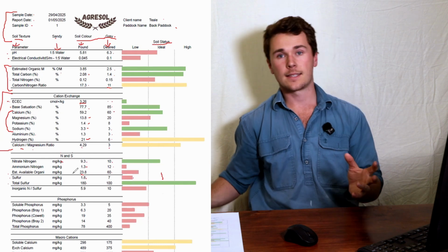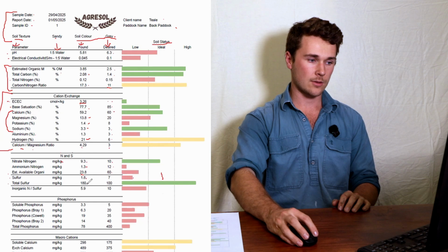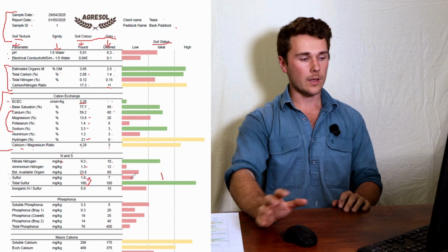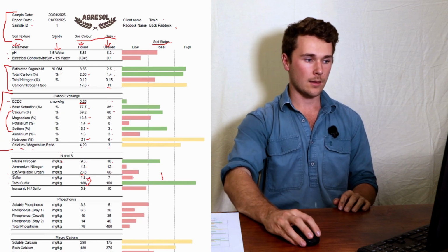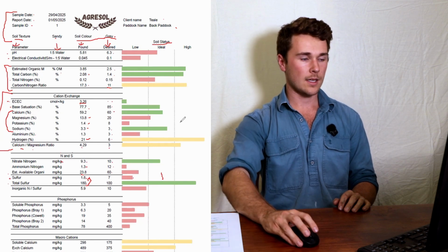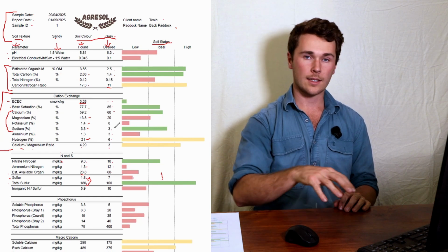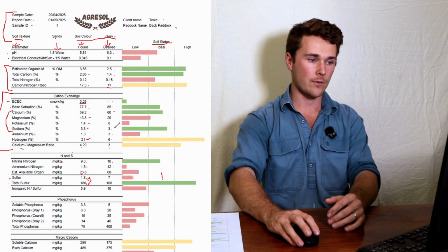If there's nothing in there, then there's nothing for it to draw upon. But here in the sulfur, you can actually say it's a good amount of sulfur that will recharge this available component in time. Now, I think in this particular soil, we have a low amount of sulfur here because in a sandy soil, you have a lot of leaching. And so there's a potential for the sulfur here to be leached away if the rainfall is high enough.